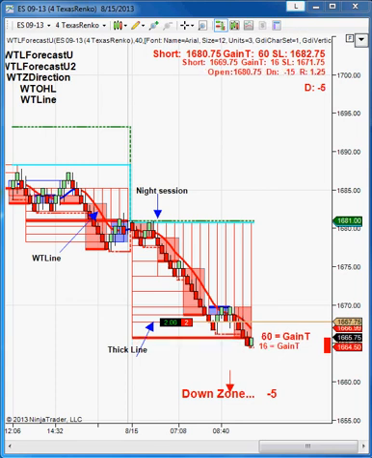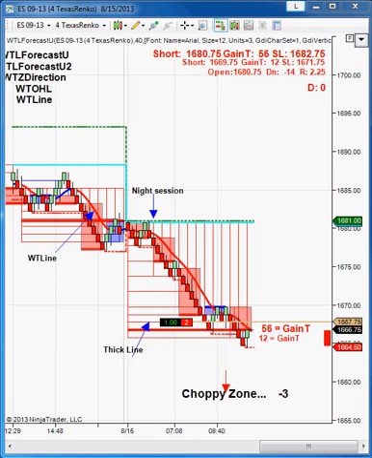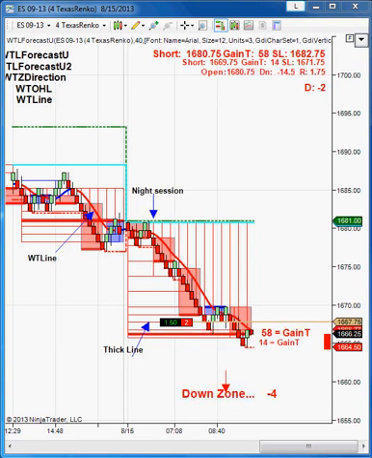Our vertical line is working in real time, and it's not what you guys might be thinking, but do not panic.